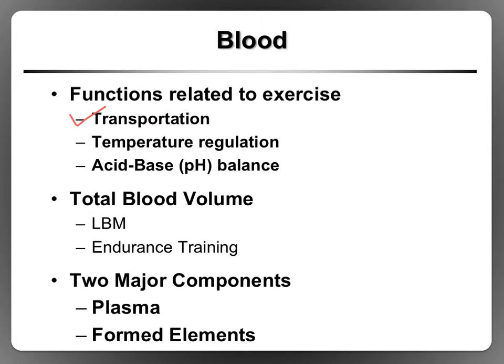We've also talked about blood in its role for temperature regulation, because as heat is produced in your body, that heat is absorbed by the blood, carried to the surface of your skin, where that heat can be dissipated and removed from the body. We've also talked about blood's role in acid-base balance.